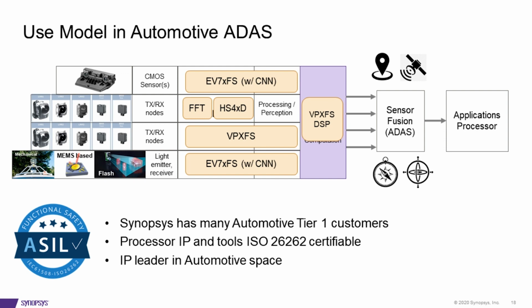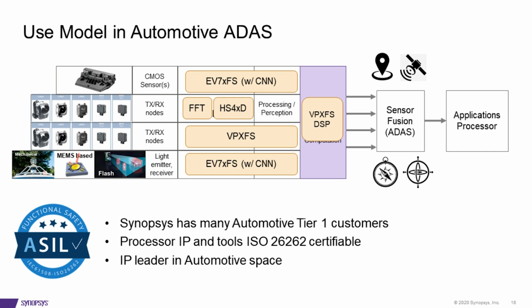So going back to that diagram, the use model where we're combining imaging, short and long-range radar, as well as LiDAR together in a sensor fusion application that's used for ADAS development. You can see we have products that I mentioned here, the functional safety versions that will address different aspects of the ADAS system.